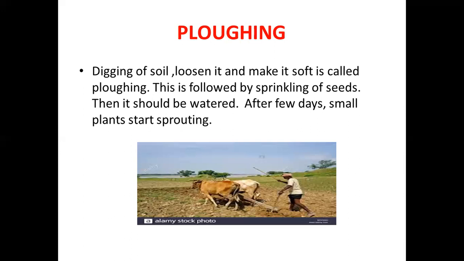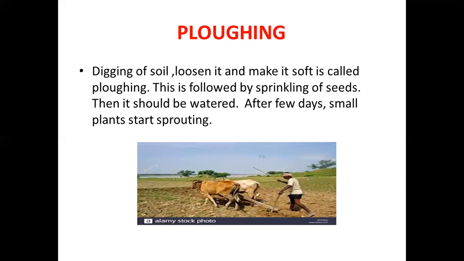First, the farmer digs the soil, loosens it and makes it soft, which is called ploughing. Ploughing is done by the plough, and this is followed by sprinkling of seeds. Then water will be provided to the field. After a few days, small plants start sprouting. Along with the small plants, some weeds also will grow, and these weeds will be removed by the farmer, and the main crop will grow better.